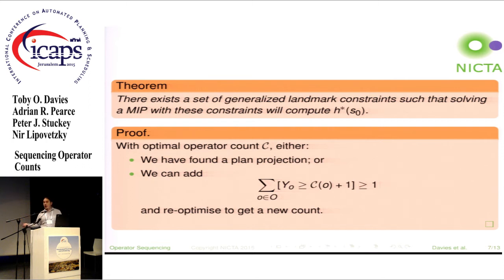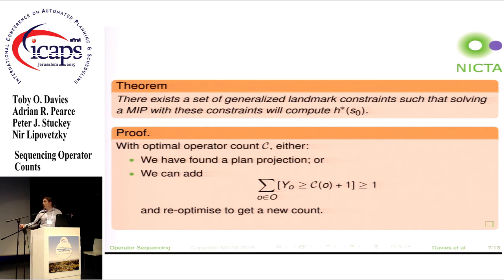I don't know necessarily what that something is, but I need one more of it, because I know I can't sequence any strict subset, because otherwise that would be the MIP optimum. So we've already got a proof that you can't sequence any strict subset, so we say I need one more of something. And I might be swapping that out for something else, but I need something different, something I didn't have before. And that's a trivial explanation that always applies if the answer to can I sequence this is no.